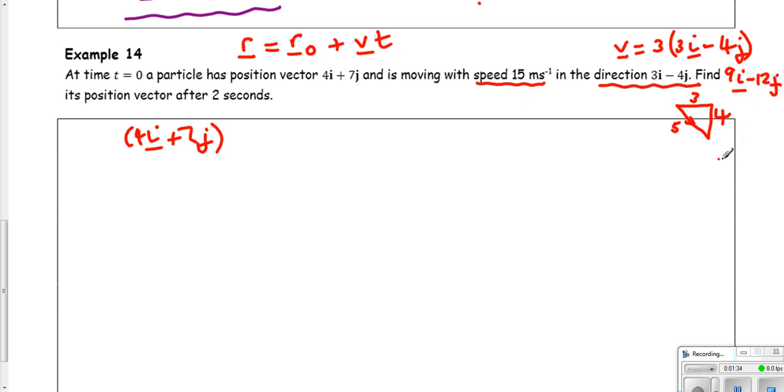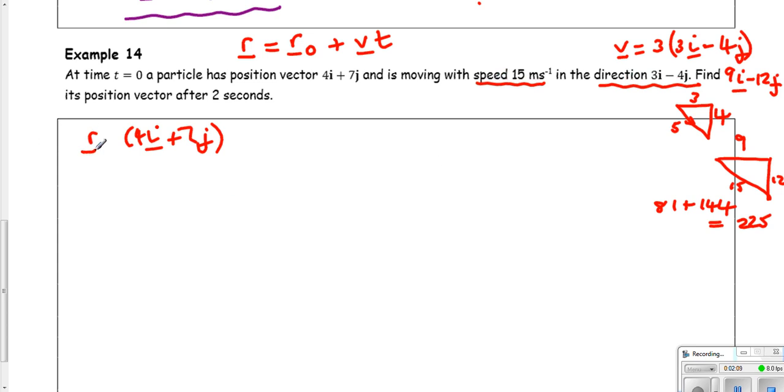And if we just check that, 9i minus 12j, if we do a quick Pythagoras' theorem on this, it's going to be 81 plus 144, and that gives you 225, and the square root of 225 is 15. So what we've done is we've actually made this 3i minus 4j 3 times bigger in order to ensure that its magnitude or its speed is correct.